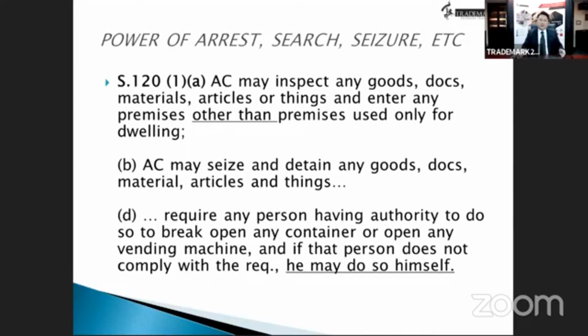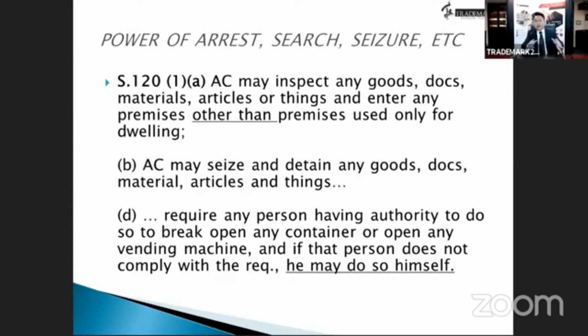Under section 120, the assistant controller may enter any premises other than premises used only for dwellings, that means residences. They cannot go into your house without a warrant, but they can go in and inspect any goods in any premises: your factory, your shop lots, your retail outlets.